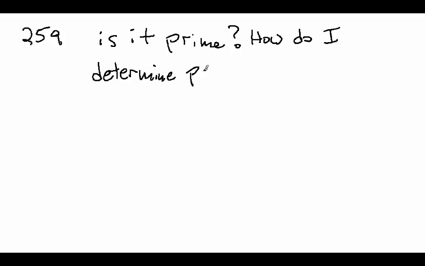How do I determine primality? And here is the answer. First of all, I want you to note that the first question I want to ask is what is the square root of 259? Now, you all may be running to your calculators, and you don't need your calculators here. Watch how I'm going to do this.